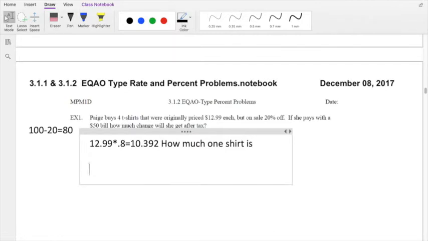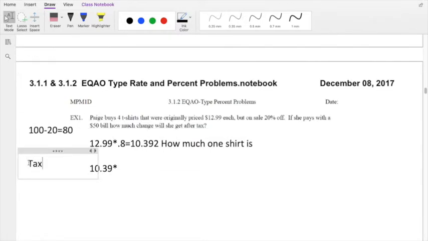Now we can also add our tax onto here. So we're going to take this 10.39 and we're going to times it by our tax. Now tax is equal to 13%. Let's just use the percent sign here. But to get the total price, we're going to times it by 1.13.